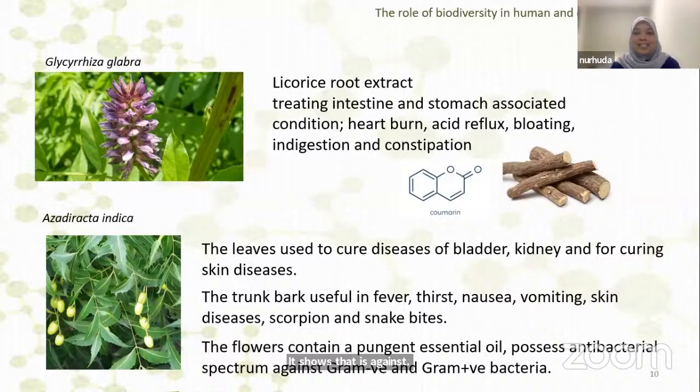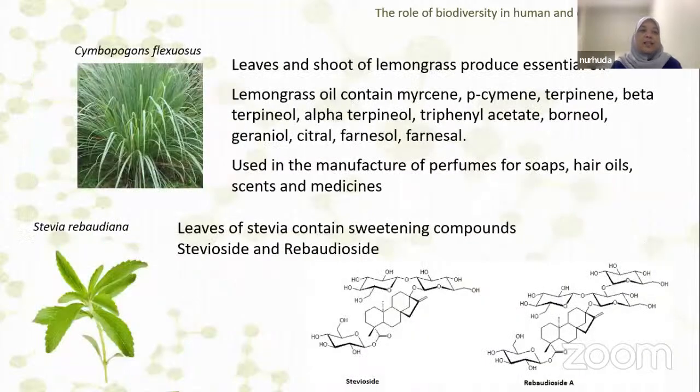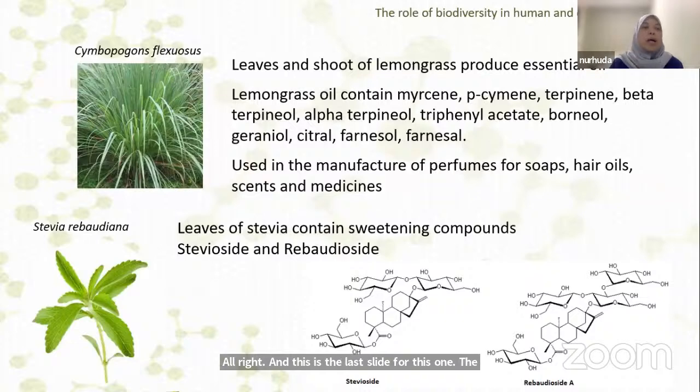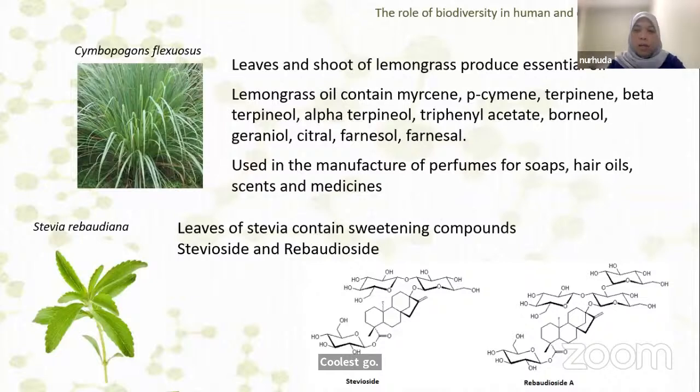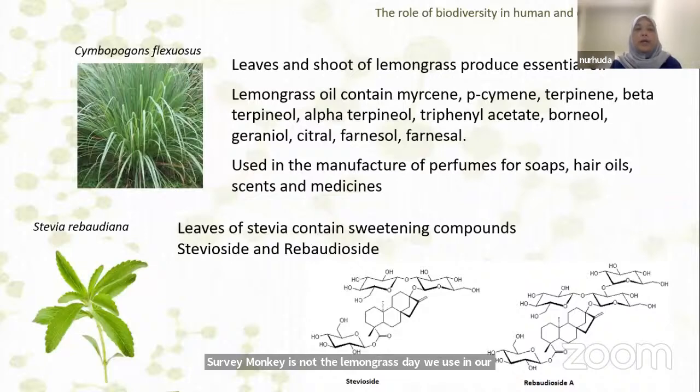Okay, next. All right, this is the last slide for this one. The Cymbopogon. I do not know how to pronounce this, but we call it serai wangi. It's not the lemongrass that we use in our cooking, but it is full of essential oils. All this, the names that I've listed there, citronellal, terpene, beta-terpineol, alpha-terpineol.